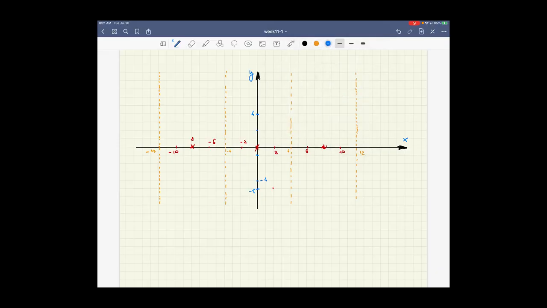And also 3 is a point of interest. Value at say 2 will be -5.